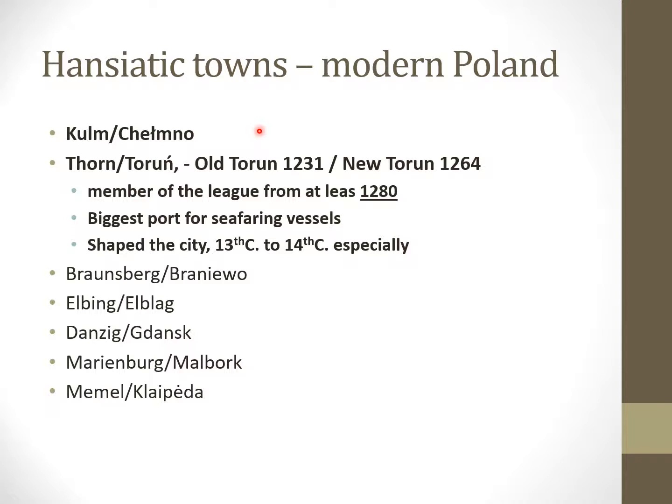Or goods of all kinds could be offloaded to seafaring vessels and brought from the interior and loaded onto them at Torun. That's a really important function, because that gives it a very large interior hinterland. And this trade shapes the city, particularly in the 13th, and as trade really takes off in the 14th century.